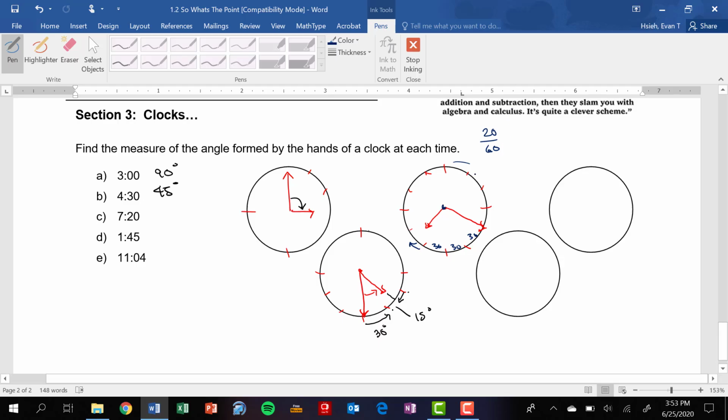And I'm going to multiply that, because this is going to be the same fraction of the way. It's going to be 1/3 of 30, or just 10. So this one right here would be 10, which makes this 7:20 100 degrees.